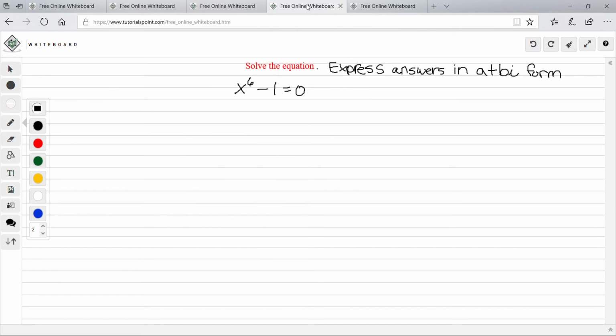Example 3. Solve the equation x to the 6 minus 1 equals 0. So we've got to find theta. So if I add 1 to both sides, x to the 6 equals 1, and then if you raise everything to the 1/6, you get x equals still 1.